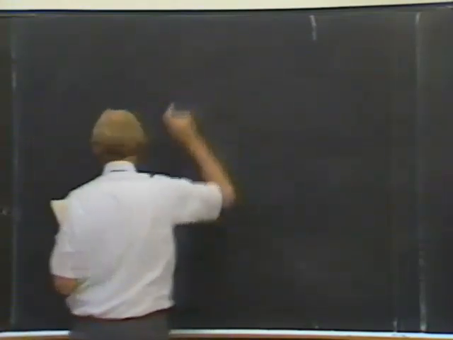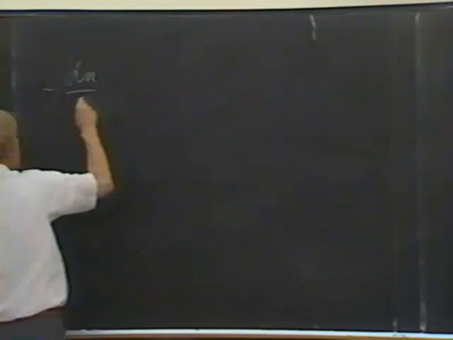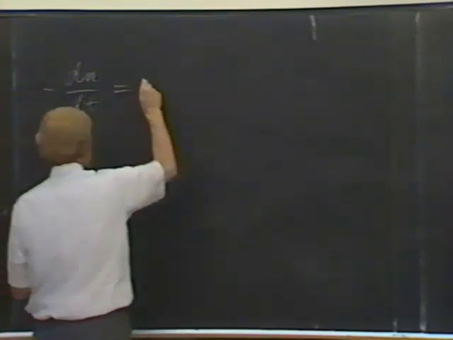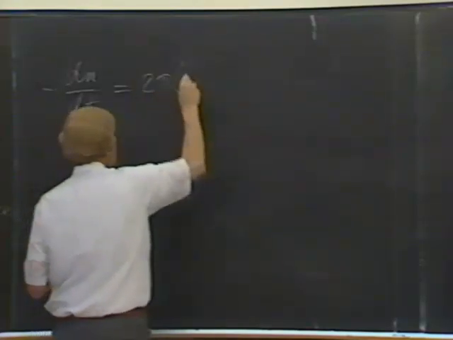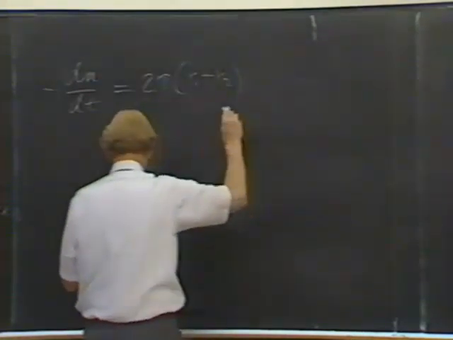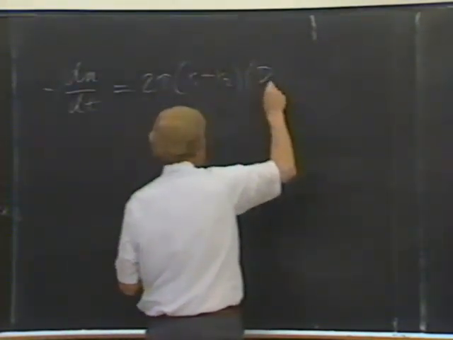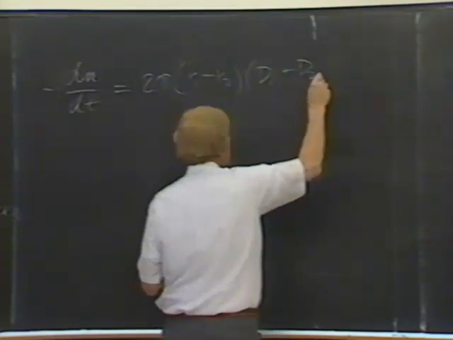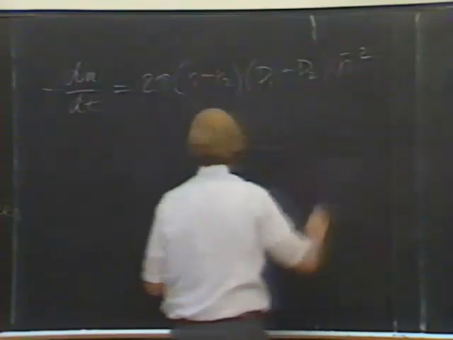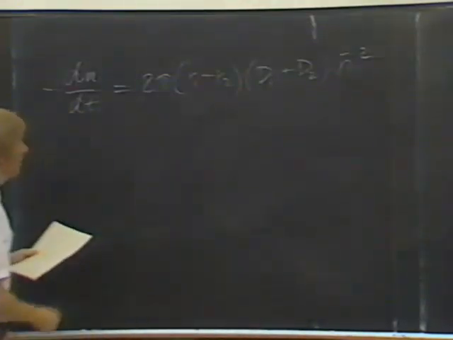And for that we can write minus dN/dt is equal to 2 pi (r1 plus r2)(D1 plus D2) times n bar squared. Still greatly simplified. Only two particle collisions and two different sizes.